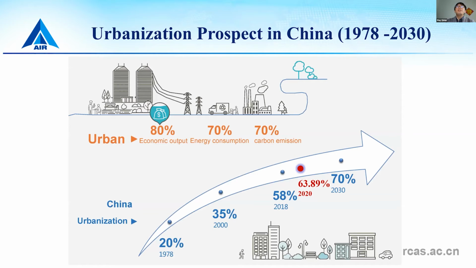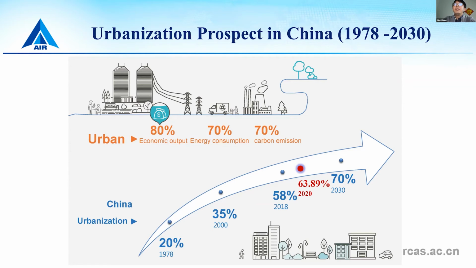So as you know, urbanization now plays a very significant role in sustainable development. For China, starting from 1978, our urbanization rate was just 20%, but in 2020, it jumped to around 63 or 64%.